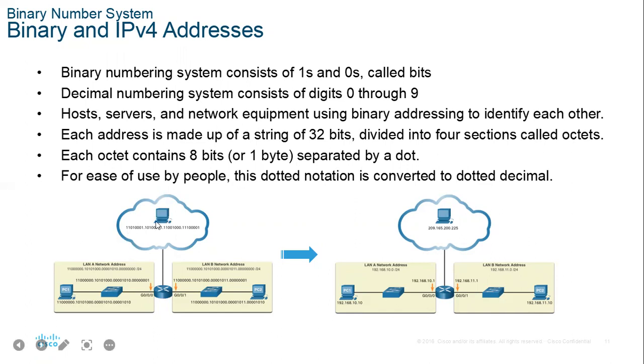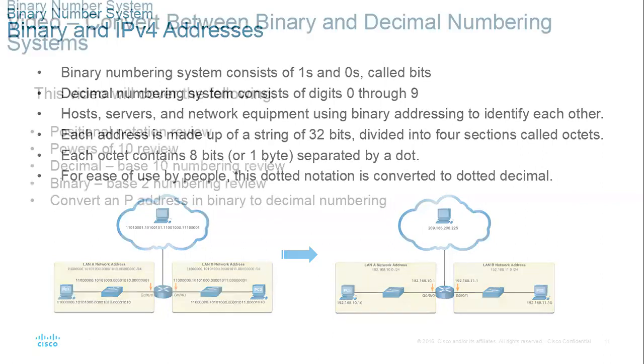So if I type an IP address 192.168.8.1, each section gets me 8 bits or 1 byte, separated by a dot. For ease of use by people, this dot notation is converted to dotted decimal, so we write it in our regular 192.168 whatever.